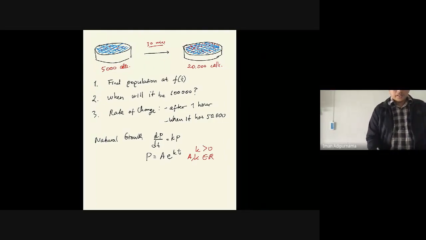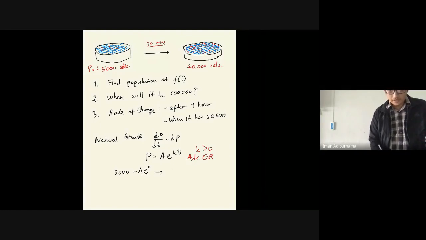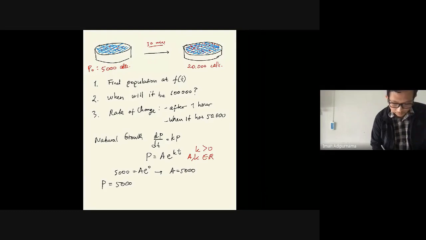We say that the 5,000 is our initial population. We can write the initial population is a. So we can just have a is 5,000. So the total function will be p is equal to 5,000 e kt.